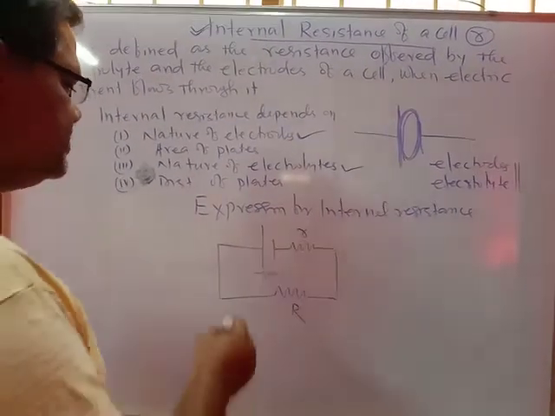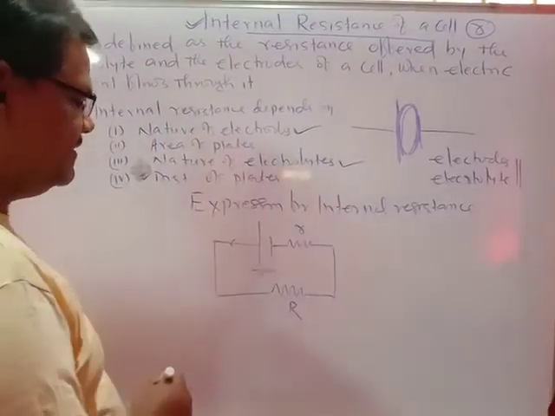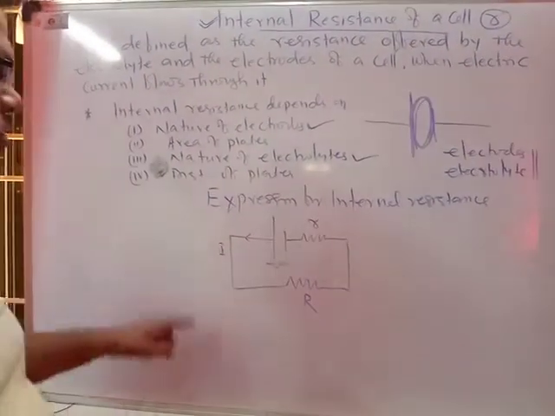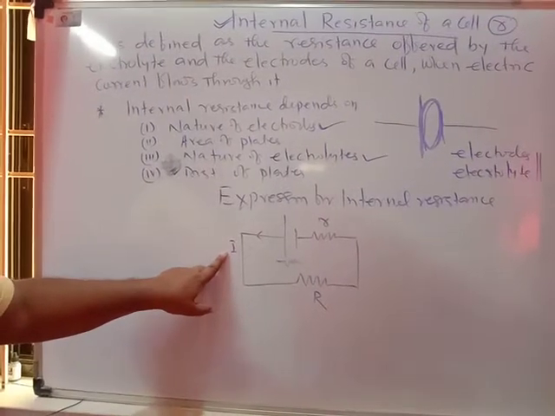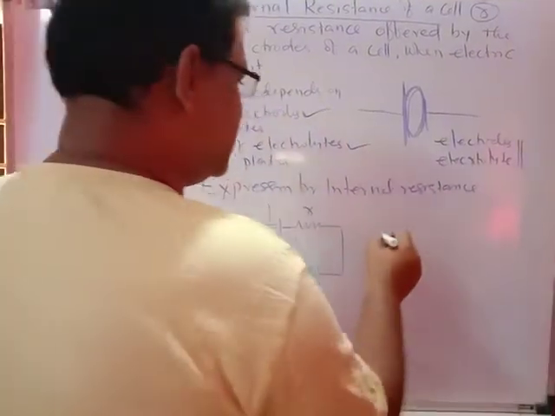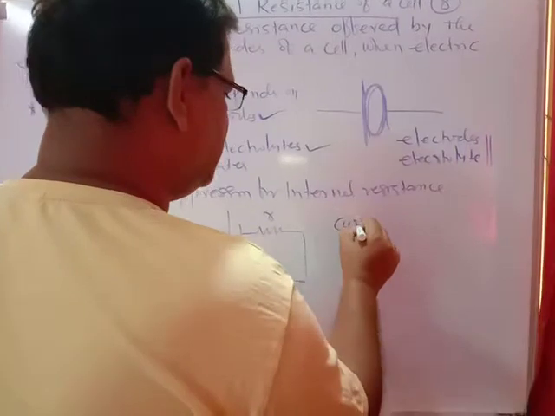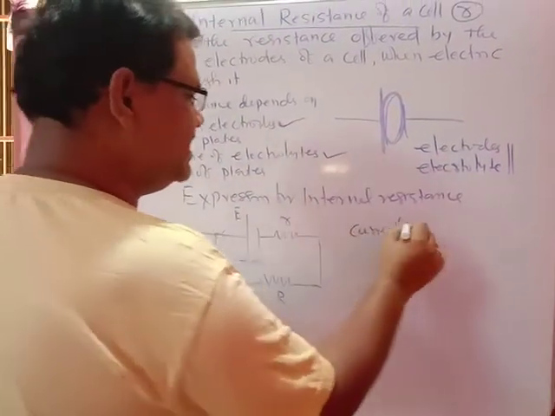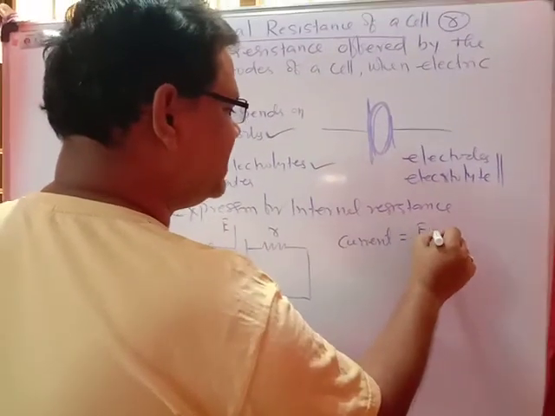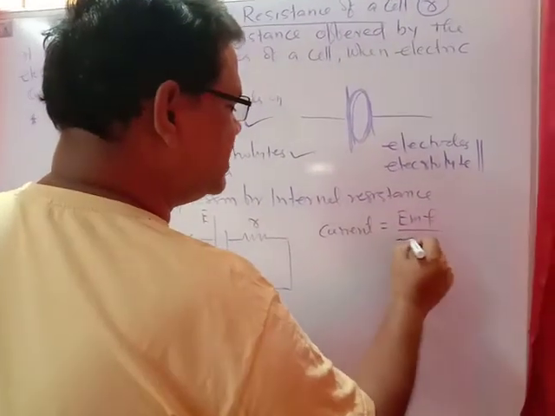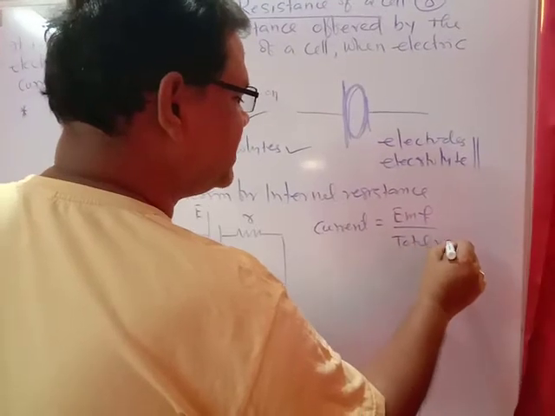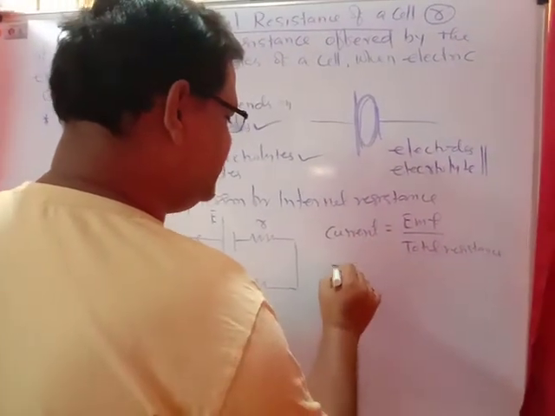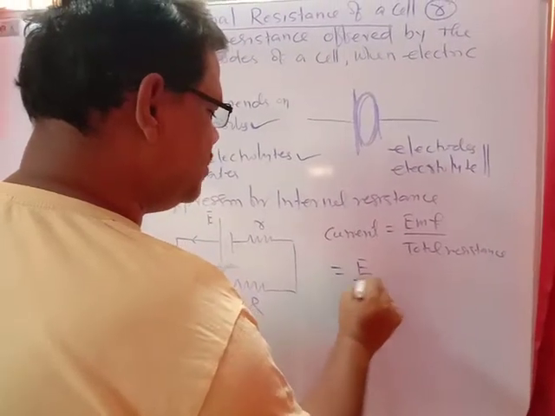If you think, what is the total current drawn from the cell? The total current drawn from the cell is equal to I. You know that current equals the EMF of the cell upon the total resistance. The EMF is capital E. What is the total resistance?